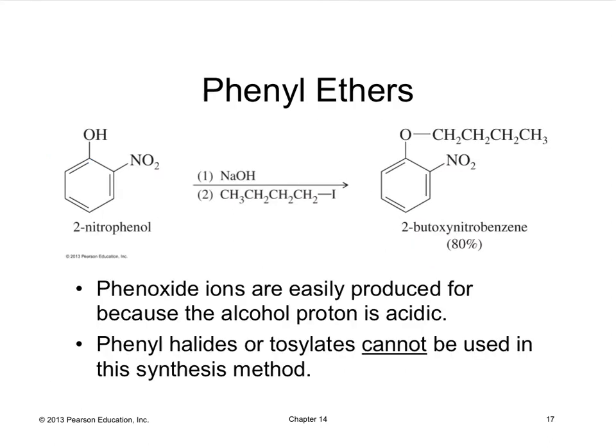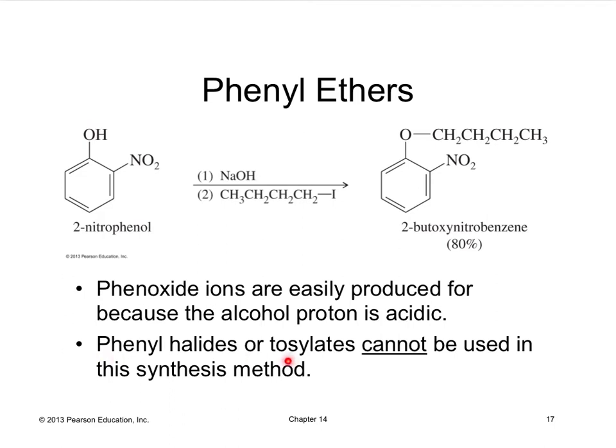Phenyl ethers, it's the same thing. In terms of phenyl ethers, you first have to generate the phenoxide. Phenoxide ions are easily produced because the alcohol proton is acidic, so since it's acidic, you don't even have to use the metals. You can just use a base. So sodium hydroxide will deprotonate that, forming the phenoxide, and then in step 2 you add the alkyl halide.